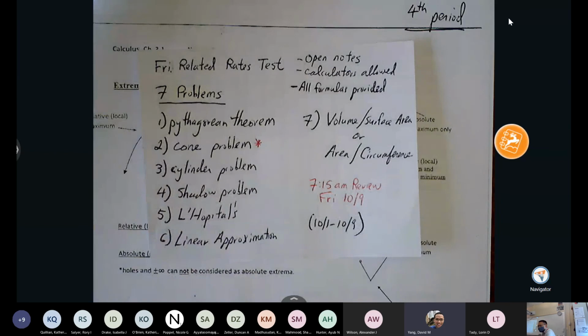I've seen in the past where students get stuck on a problem and end up losing time and potentially running out of time at the end. So let me talk about this: not every part of the problem is equally weighted. I want you to strategically focus on the parts worth the most points, and those are the setup, the equation, and the derivative.